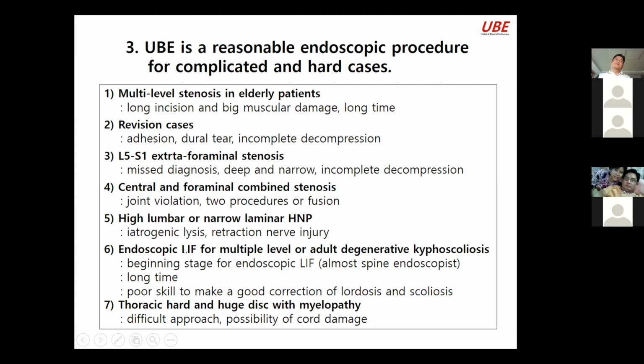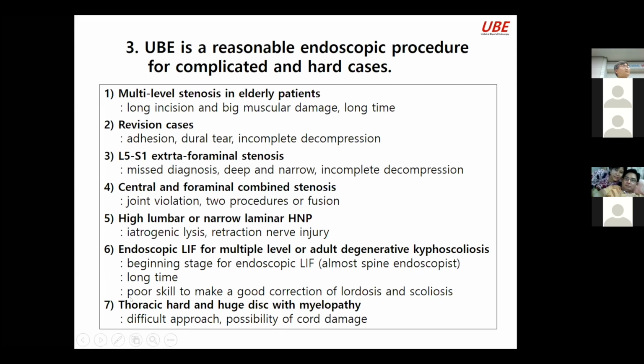Finally, endoscopic lumbar interbody fusion for multiple levels and adult degenerative kyphoscoliosis. Endoscopic lumbar fusion is at a beginning stage, and takes a long time. But if you have big experience of endoscopic lumbar interbody fusion, I think you can do deformity.